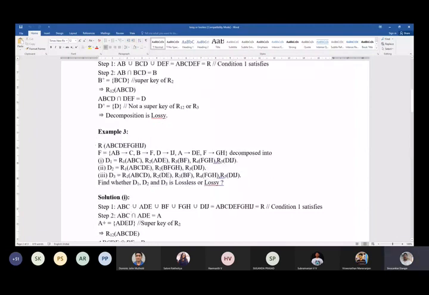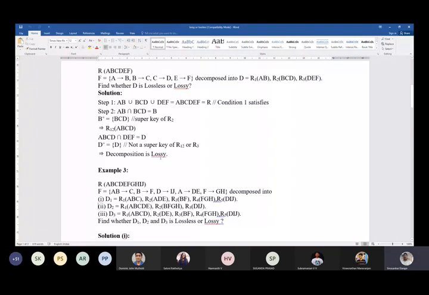Now I want one of you to work on the subdivision 3. In subdivision 3, again you have 5 fragments. So totally we have 10 attributes A, B, C, D, E, F, G, H, I, J. Relation R is decomposed into fragments R1, R2, R3, R4, R5 respectively.